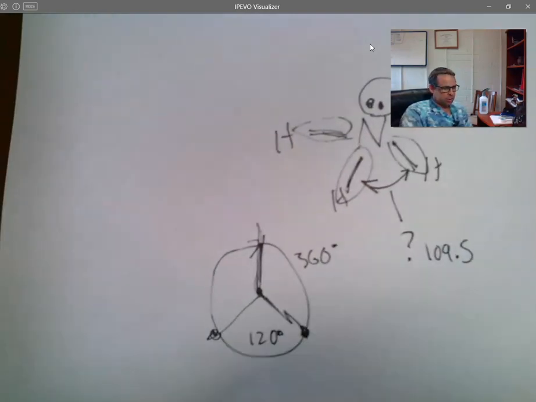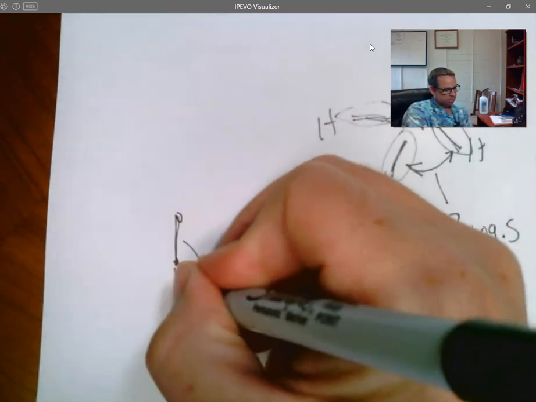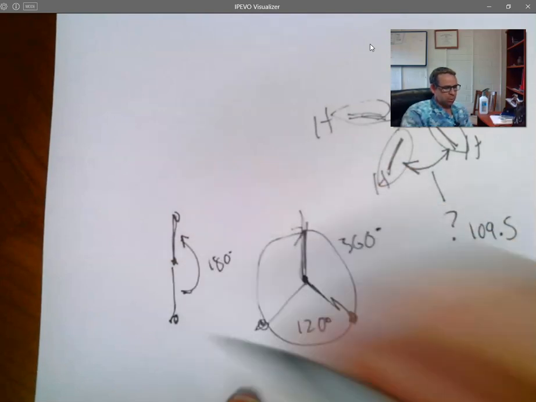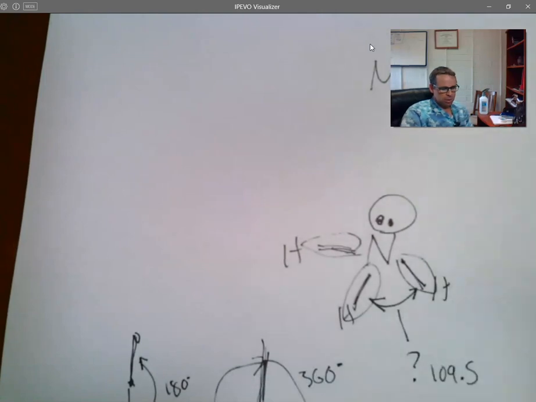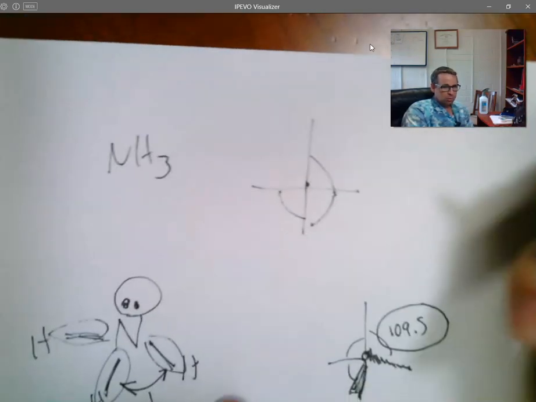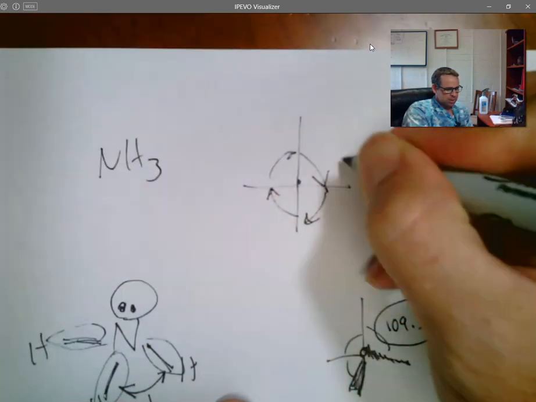And if there are 2 regions, it would be 180 degrees. So if there are 2 bonding regions, 180. If there are 3 bonding regions, 120. If there are 4 bonding regions, we would be tempted to say, okay, 1, 2, 3, 4, and so we might say, oh, it's 90 degrees.